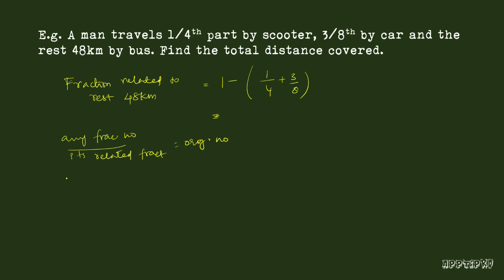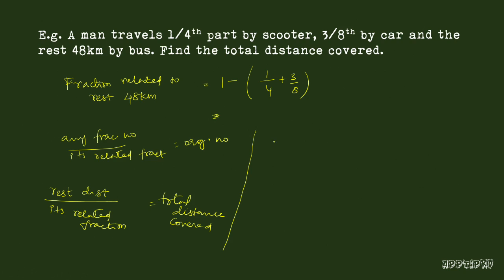So for this question, the rest distance divided by its related fraction gives the total distance covered. The rest of the distance is 48 kilometers, which is given in the question.